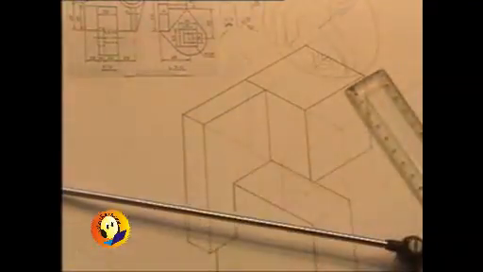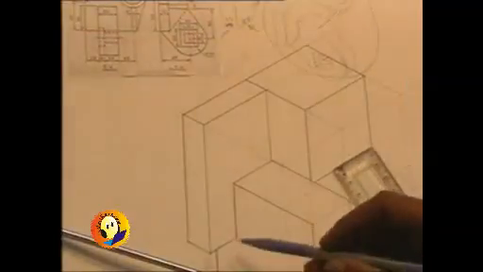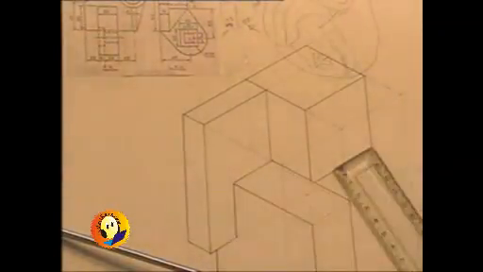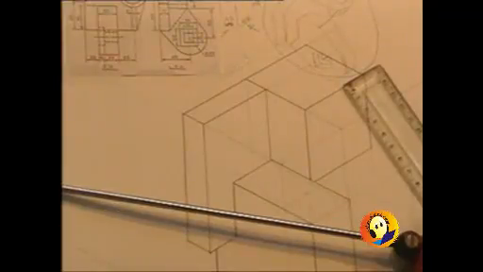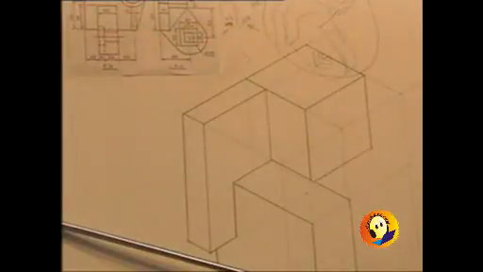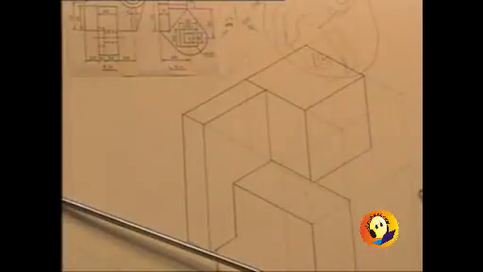So what is our principle that we are starting with, and then I am starting with this 20 mm and then going up by 35. Going up by 35 to draw the block of width 30, which is seen in the front view. Actually, that 30 mm distance is seen in the front view.